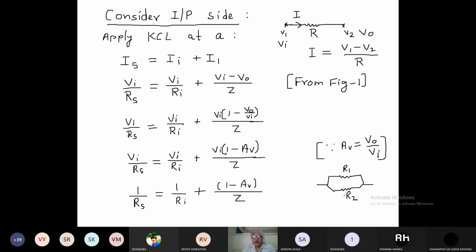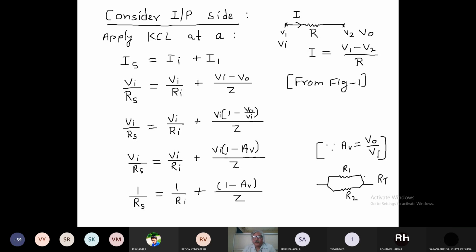Suppose the total resistance of this parallel combination is RT.